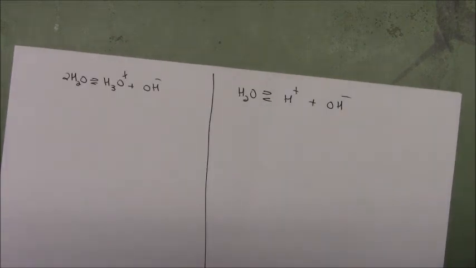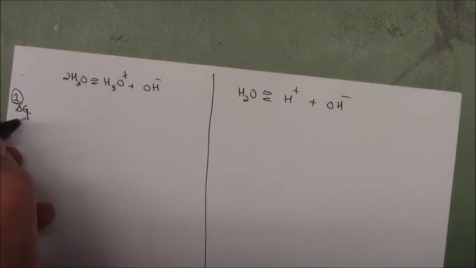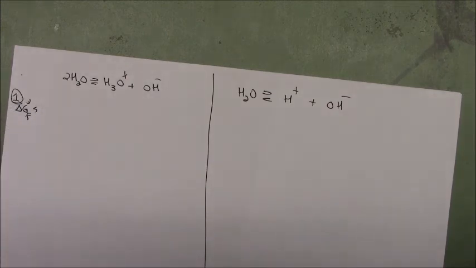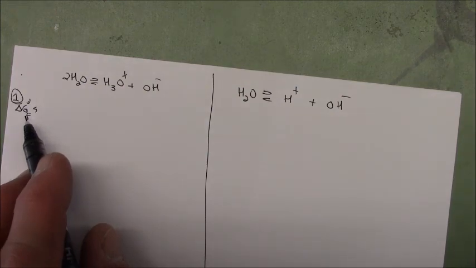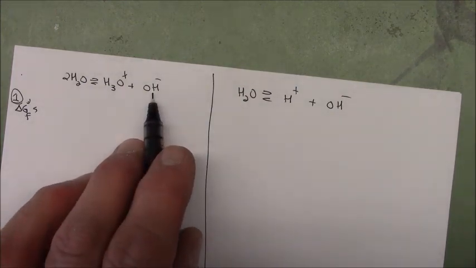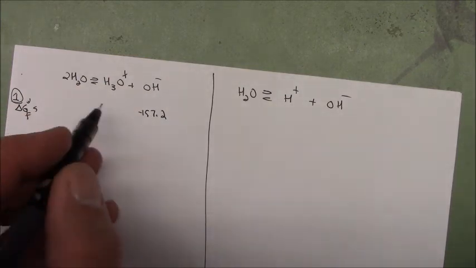So part 1 said, use delta GFs. You know how the back of the books has those, the standard GF. So you'd almost have to find out what is the Gibbs free energy of formation of OH negative. So I looked that up, and it's 157.2.